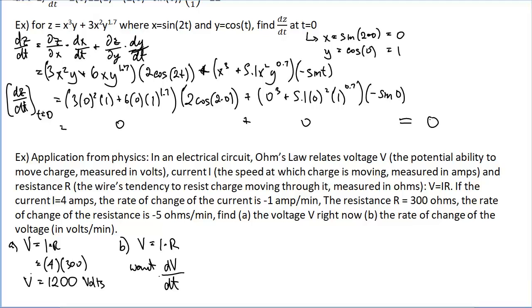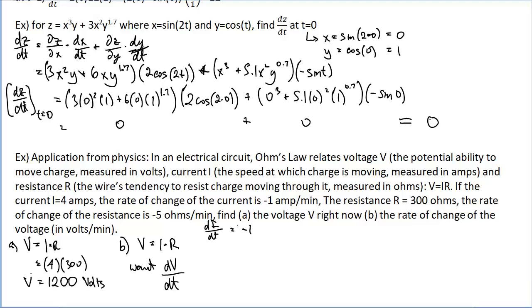And of course, we also know that that's true because of what's given. For example, what's given is that the rate of change of the current is -1 amp per minute. So the given information is that the rate of change of the current is dI/dt, and that's -1. Also given information, the rate of change of the resistance is -5 ohms per minute.